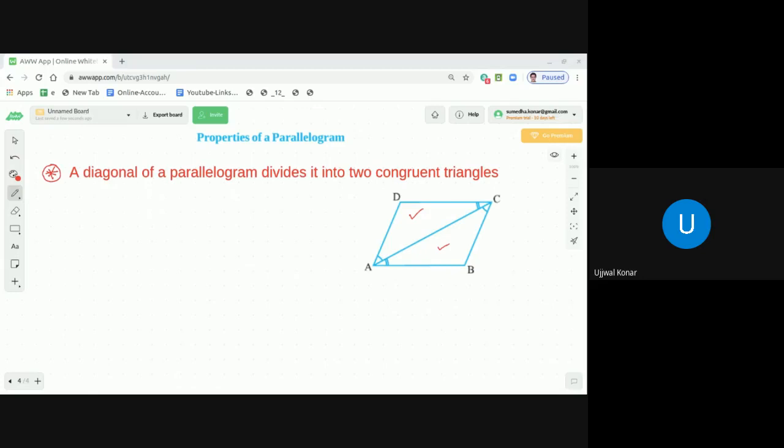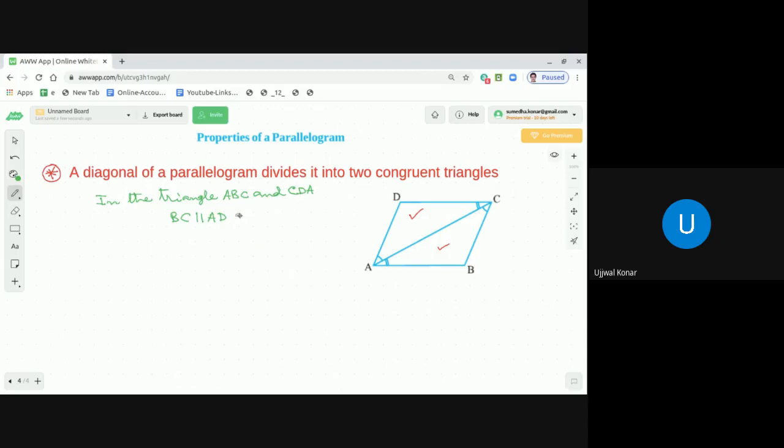How are we going to prove it? Let's see. Now, in the triangle ABC and the triangle CDA, what you can say, dear students, is that BC is parallel to AD, correct or not?